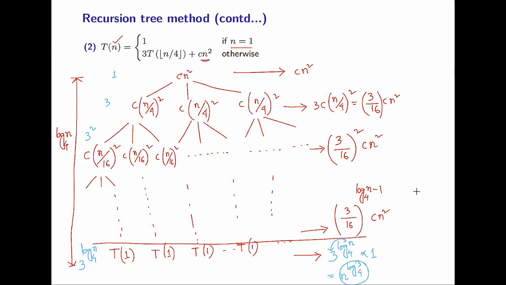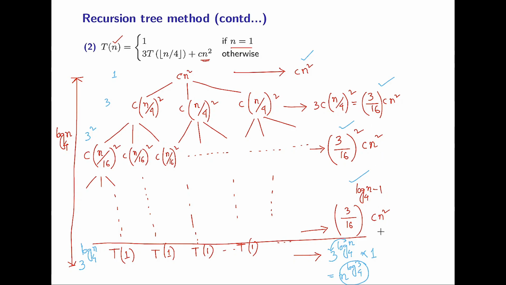Okay. Now here at every level the cost is not the same. Now what to do? In this case we need to find out a pattern. Means we will sum up the per level cost. So here we will add Cn square plus 3 by 16 Cn square plus 3 by 16 whole square Cn square, up to 3 by 16 to the power log n base 4 minus 1 Cn square.